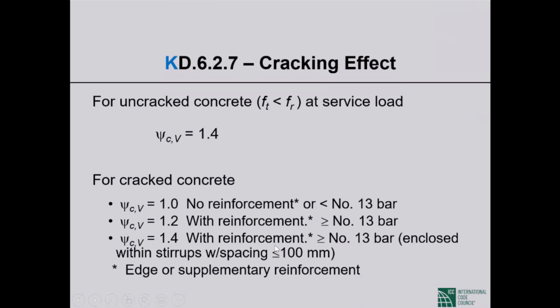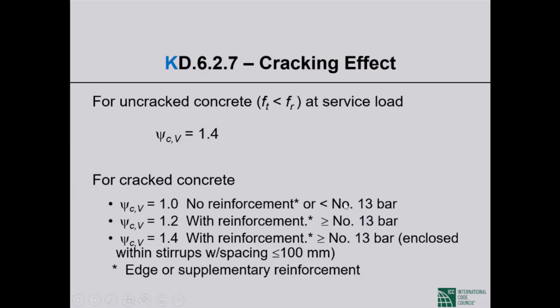Correction factor for uncracked concrete. This is now much more complicated. If it is uncracked, it is 1.4. If it is cracked, it is not automatically 1.0 as in the case of tension. The factor is 1.0 if there is no supplementary reinforcement, or there is supplementary reinforcement but it consists of bars that are less than number 13 in size.